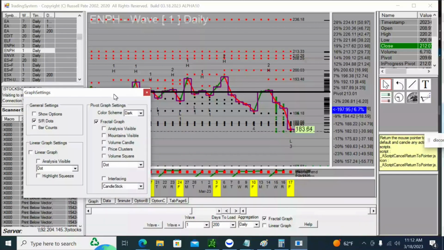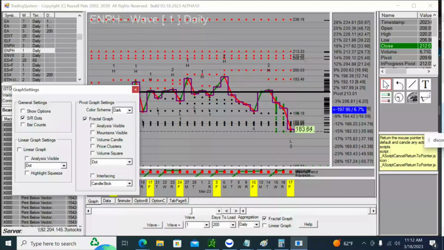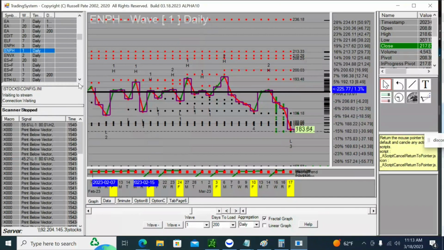So over here, you can just turn on various things if you want. There's another thing, these volume squares, and they work at lower time frames. I'll show what that looks like.